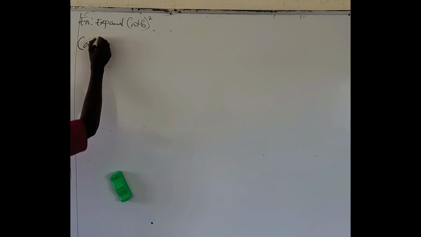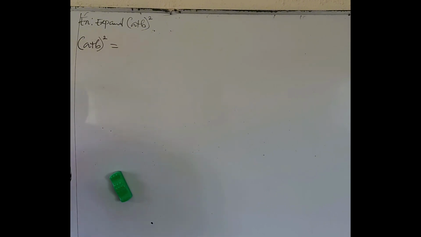So let's move to the example. A plus b raised to power 2. Now, there's one idea here. When you are expanding a plus b raised to power 2, what is the first term here? The first term is a, and the second term is b, which we are expanding.